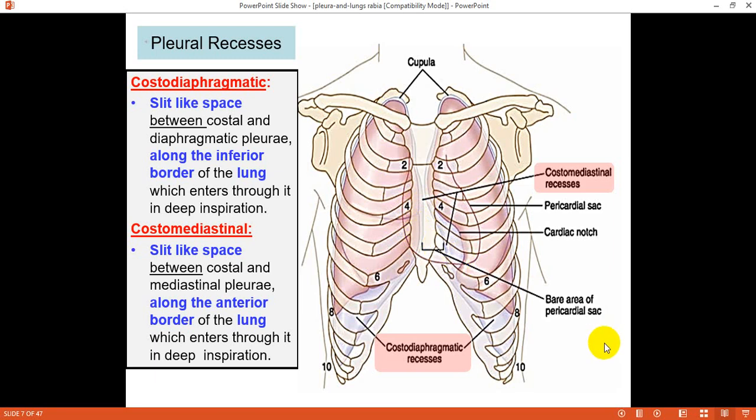So basically these spaces are providing extra space, and especially in clinical condition when there is accumulation of extra fluid or blood in case of trauma or pus collection in case of infection, the fluid is collected in these potential areas, and especially the costodiaphragmatic recess in erect position due to gravity.